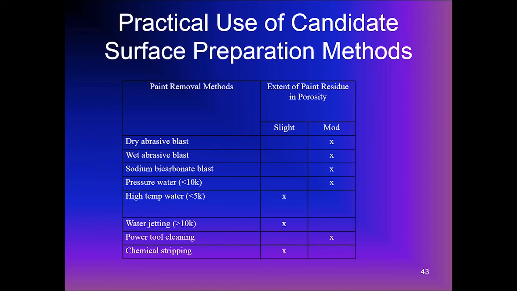When we get to the high temperature water, you can control that a little better. You can use a little less water and get it so there's just a slight amount left. Same with water jetting. You can control that so that there's a slight amount left. Although again, be careful you don't roughen it too much. Power tool cleaning, you really can't get the coating out of the porosity without really damaging the surface. Chemical stripping, though, you can remove it.